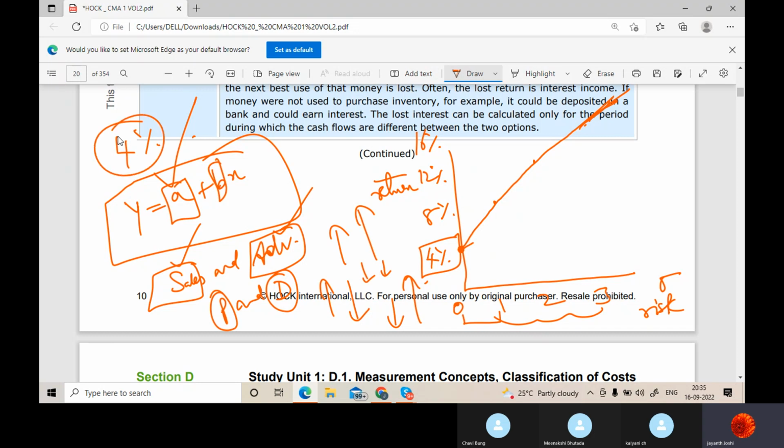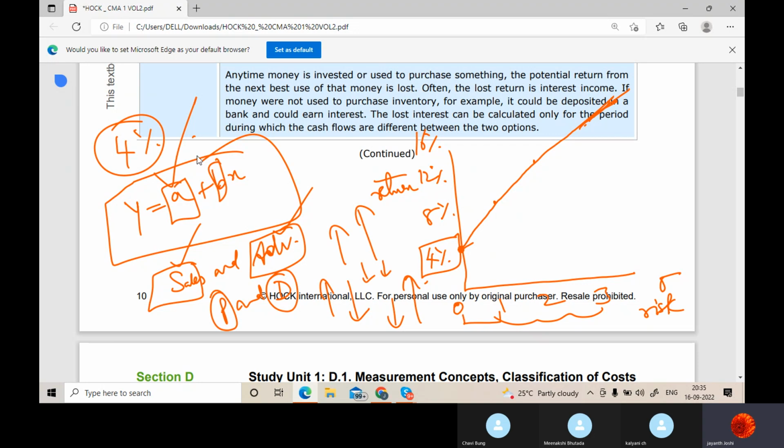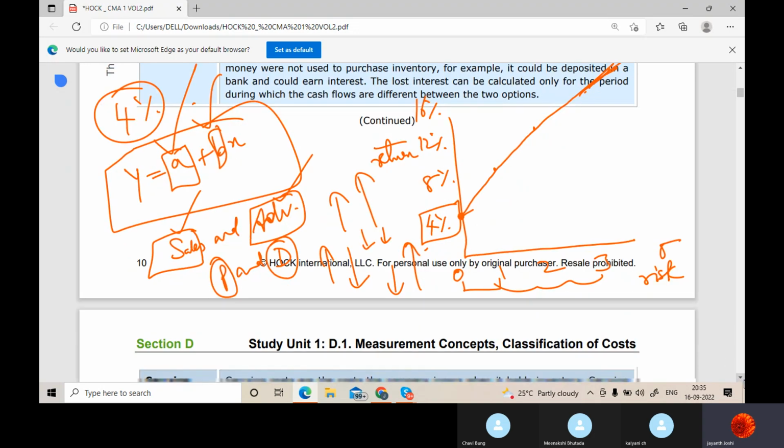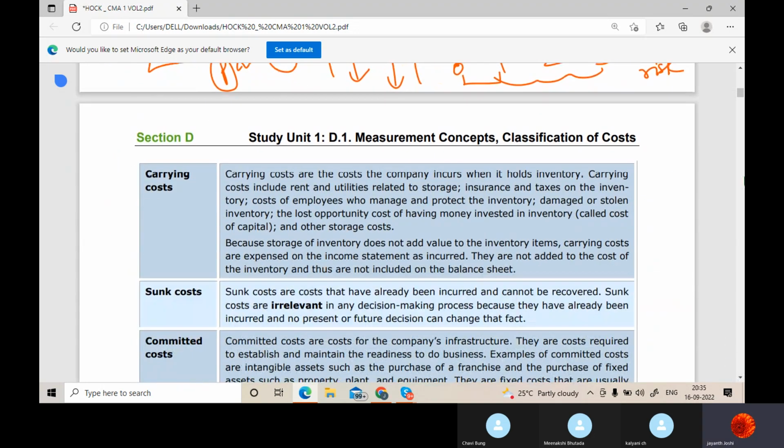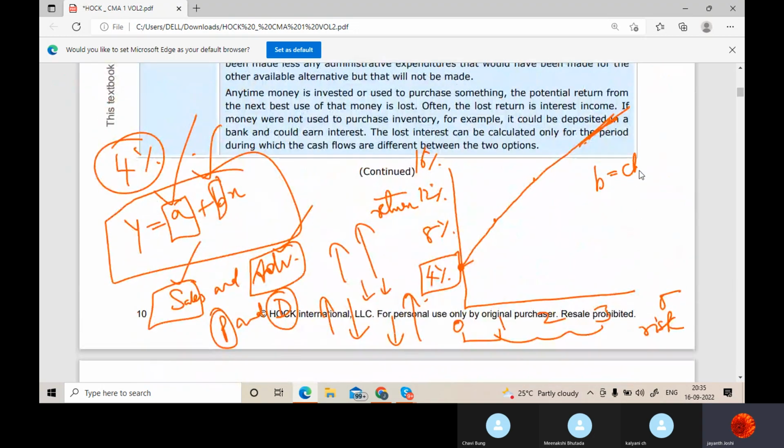That means the risk-free rate cannot change. It is always constant. Then B is the slope. B shows what? B is equal to change in y-axis with respect to change in x-axis. Okay, this is what it is.